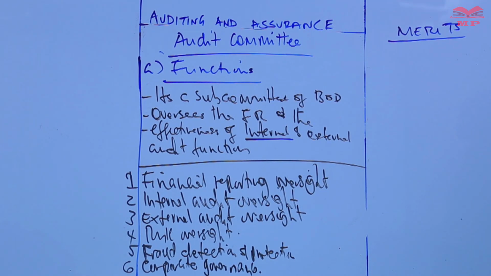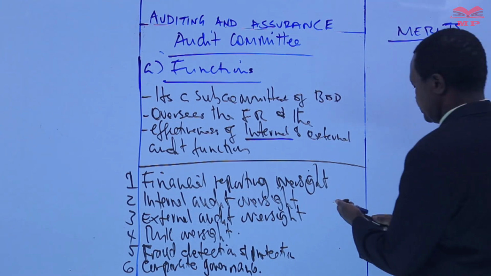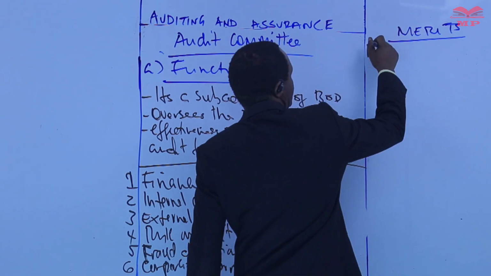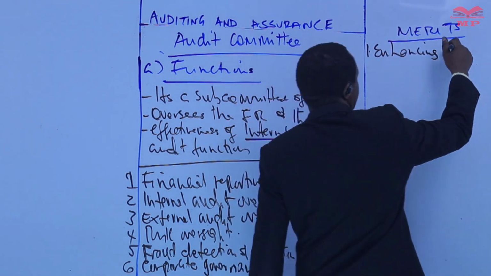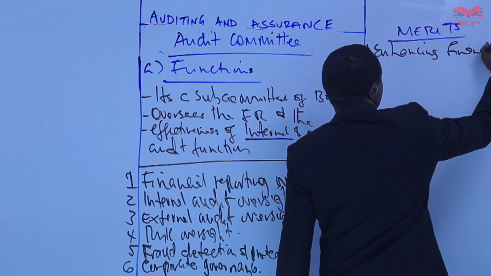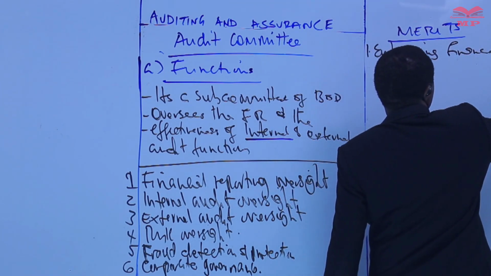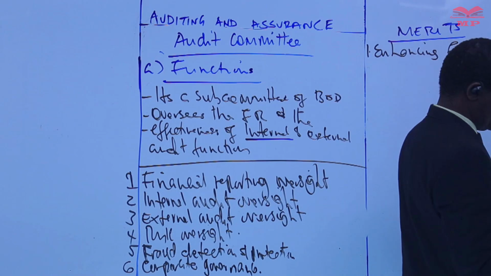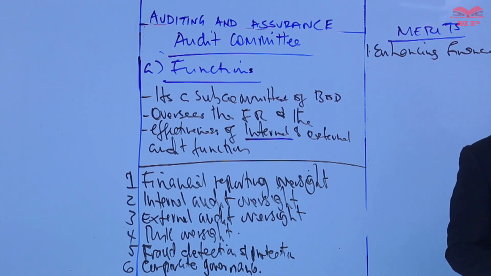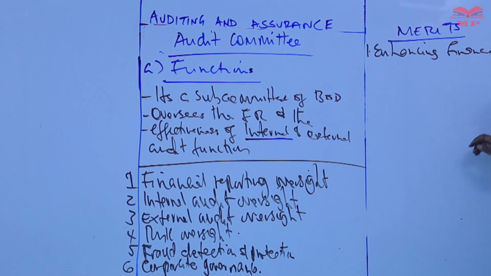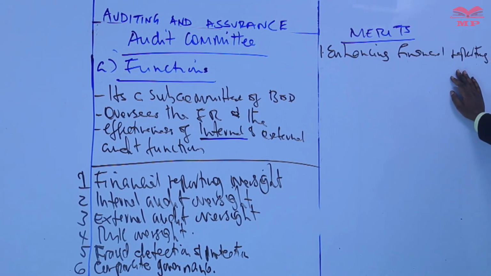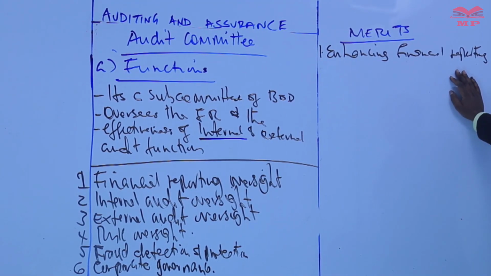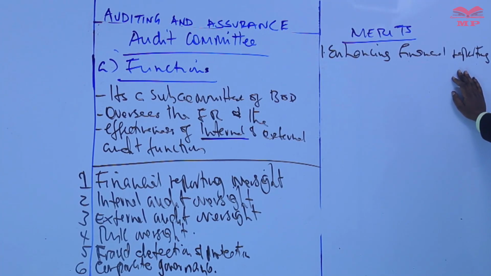the committee enhances financial reporting, because you say that the committee ensures that the financial reporting is done in accordance with the applicable regulations, applicable financial reporting framework, the international financial reporting standards, and so on.